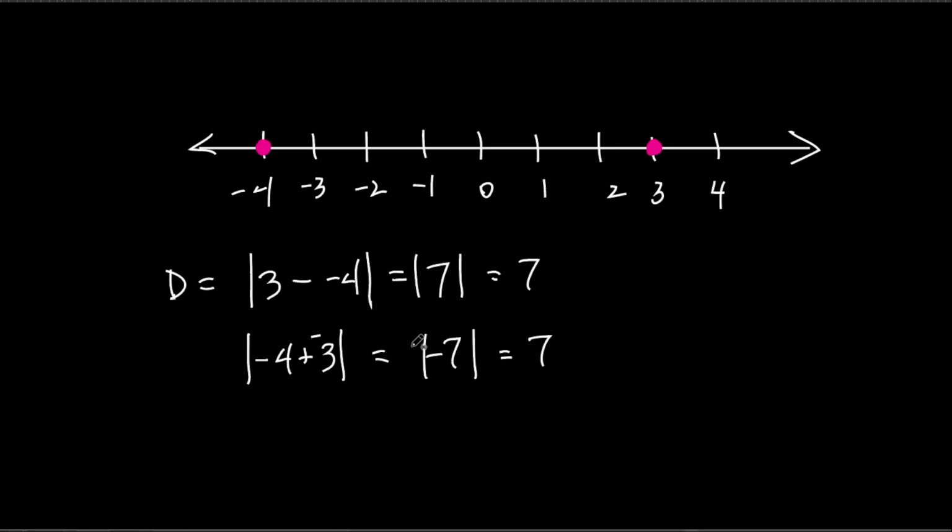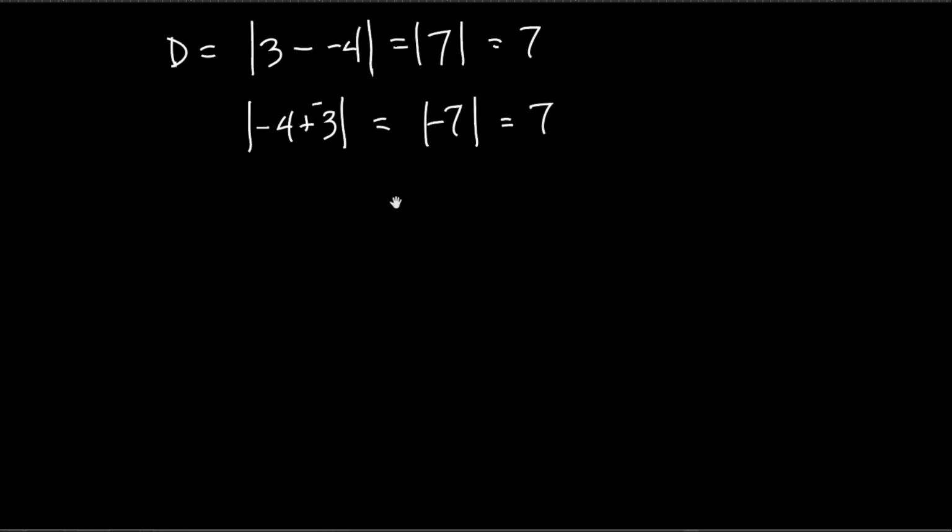So quick example and we'll be finished. We're running out a little bit of a time frame here, so we'll just do this. What is the distance between -5 and -7? We pretty much just did this.